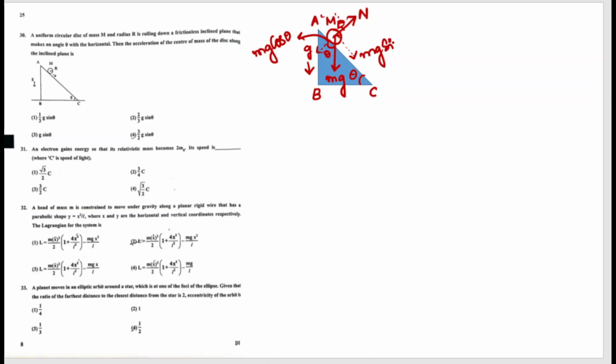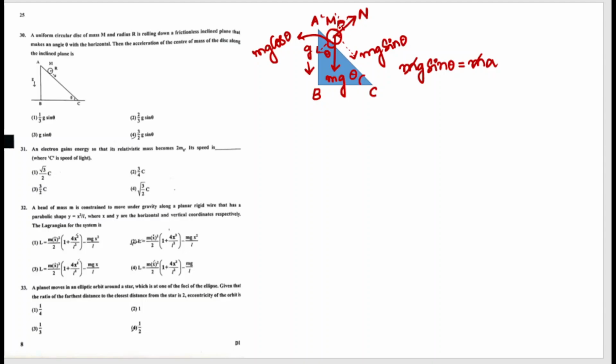So from here I can say that mg sin theta is equal to ma, that is the net force acting along the inclined plane. So along the inclined plane we have mg sin theta equal to ma. The m cancels, that is the mass of the disk.